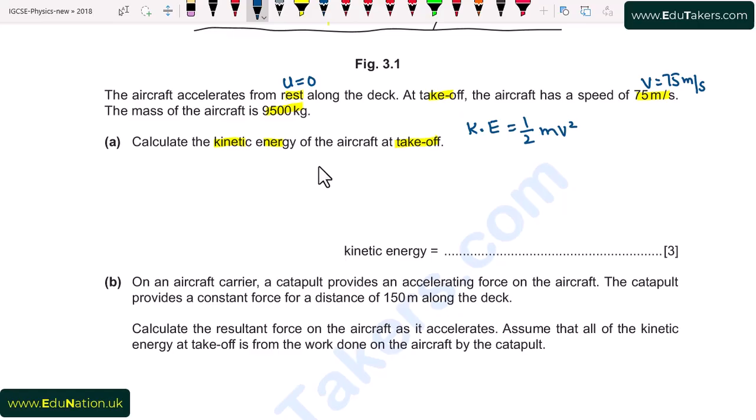Kinetic energy of a body is associated with its motion, and as the aircraft is moving, that's why it possesses kinetic energy and its value is half mv squared, where m is the mass and v is the speed.